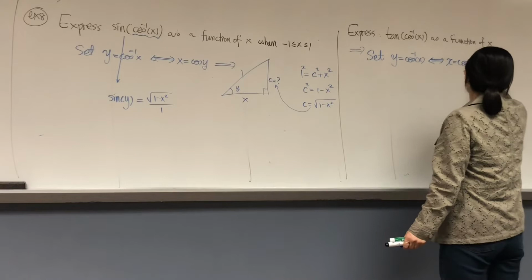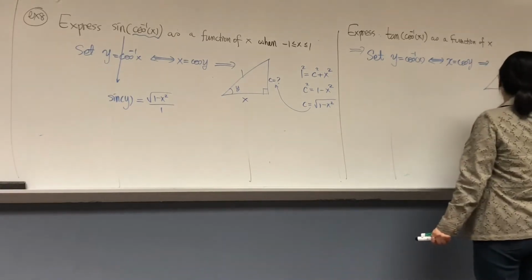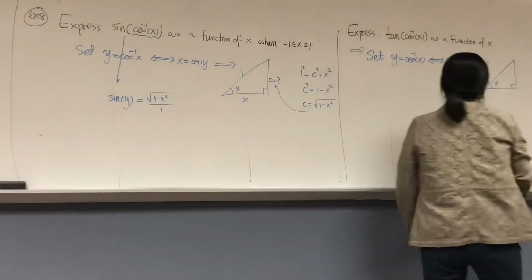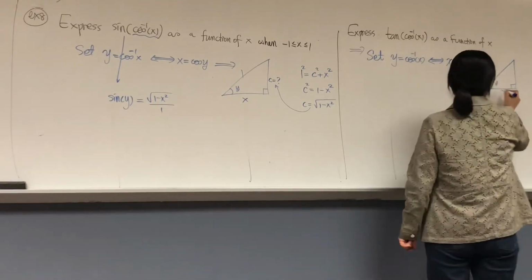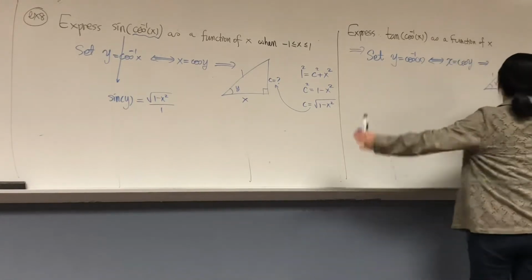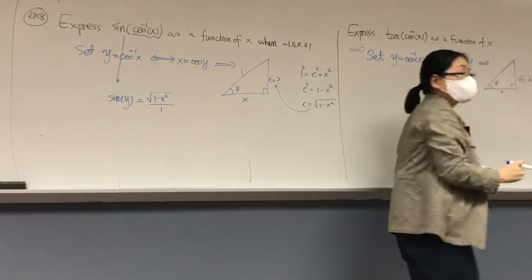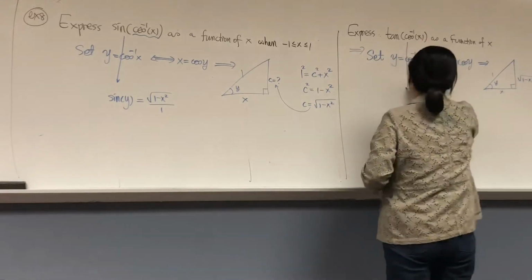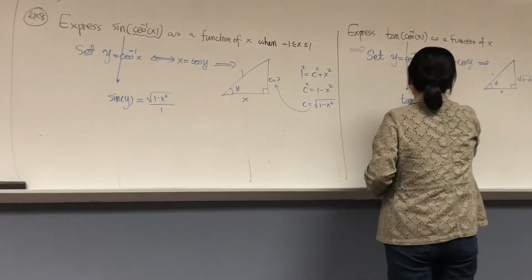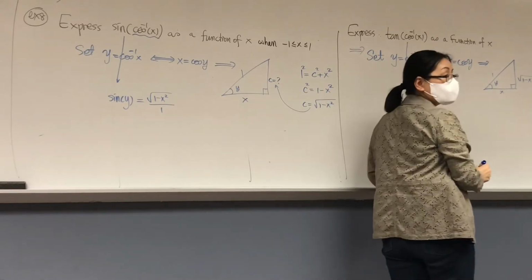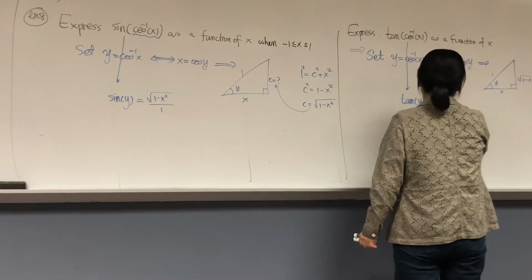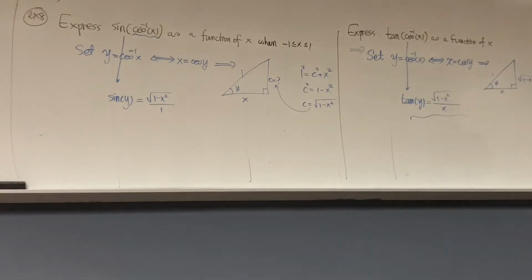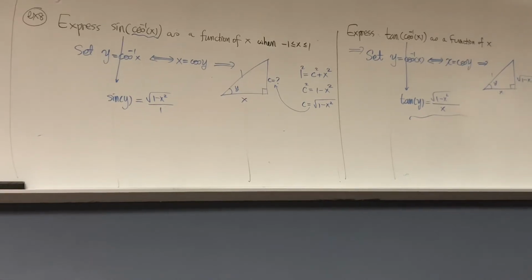Where's x? Then we already know this side. So from here, tangent y equals the square root. Very simple if you understand the material. Nothing hard.